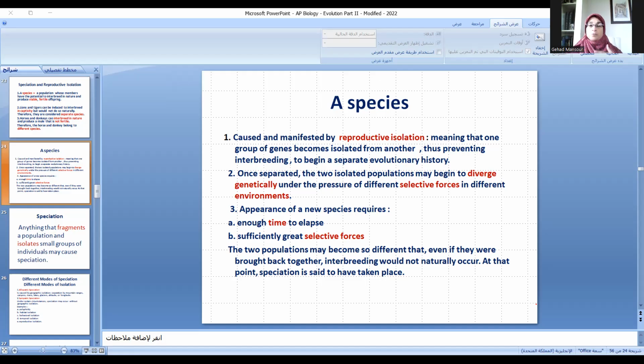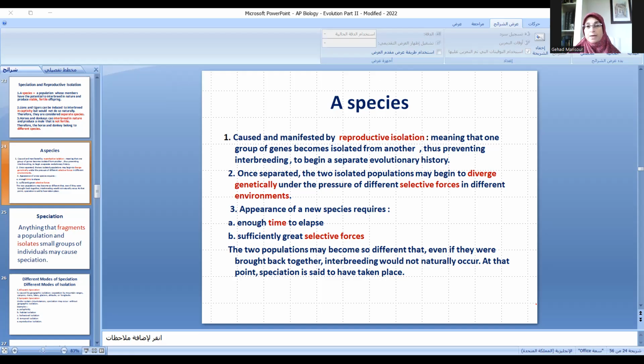Polyploidy, as you know, is when you have more than 2 complete sets of chromosomes, more than 2n. So you might have 3n, 4n, 8n, but we usually talk about 4n and 8n because they are the commonest. And as you know, polyploidy might result from non-disjunction during gamete formation, during meiosis.